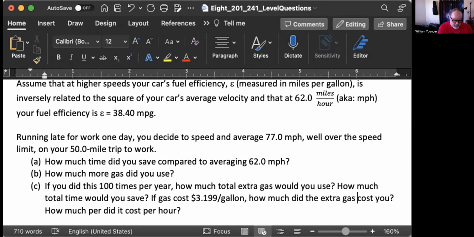And not only that, I will say delta E per hour equals question mark. So those are the symbols as I read them off to you.